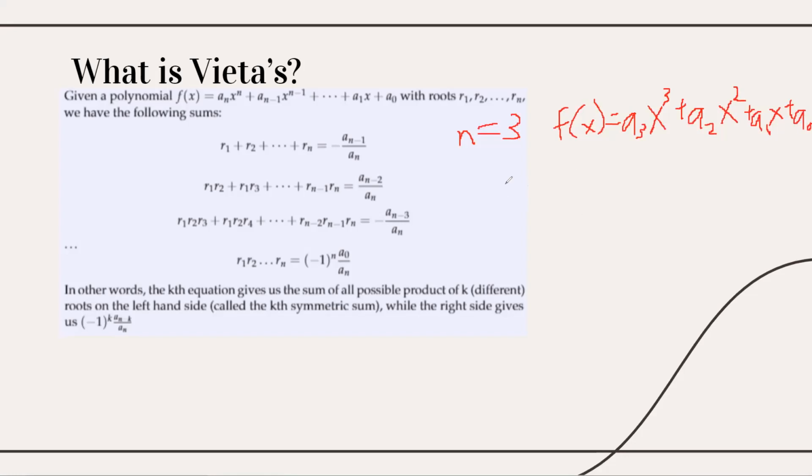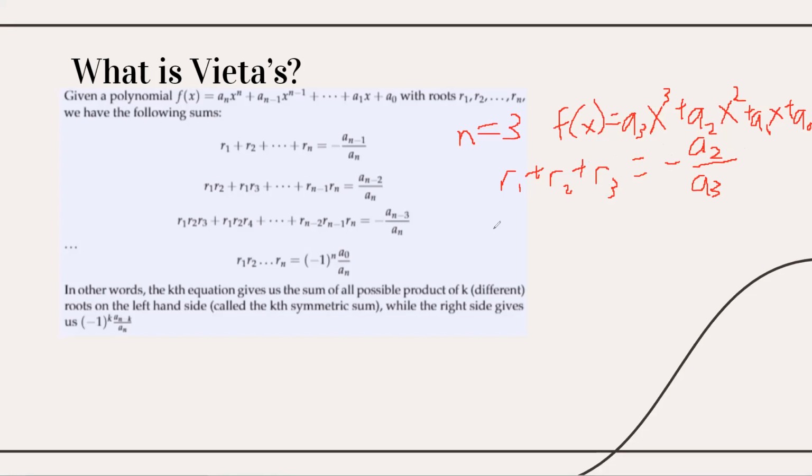So basically what Vieta's would get us is r1 plus r2 plus r3 is equal to negative a2 over a3, right? Because the denominator is always going to be a_n, which in this case is a3. The sign starts off as negative, and the numerator on the right-hand side is going to be a_(n-1), which is a2. And on the left-hand side, we just have the sum of the roots.